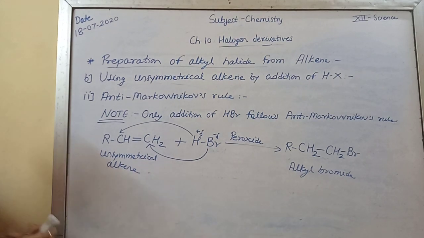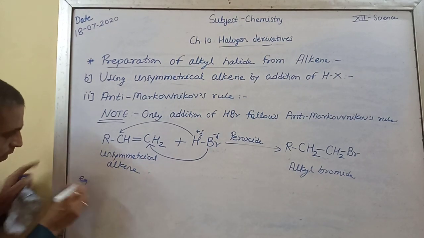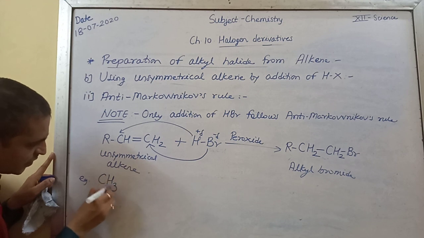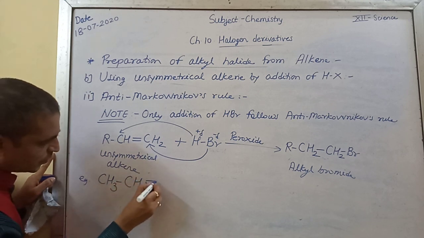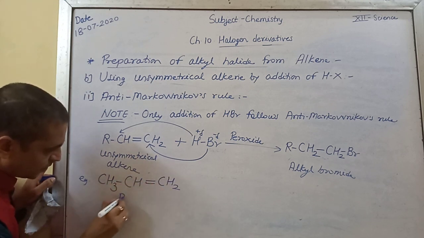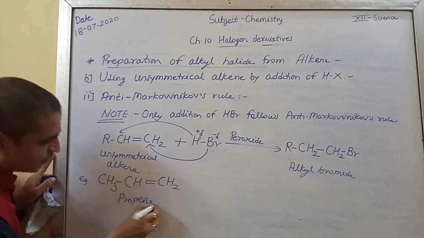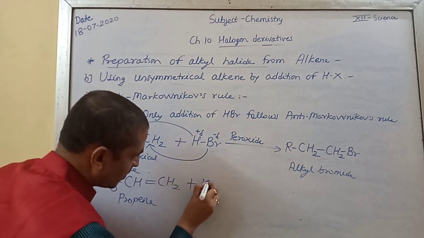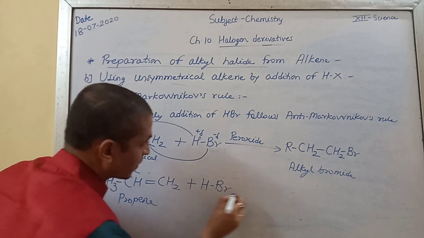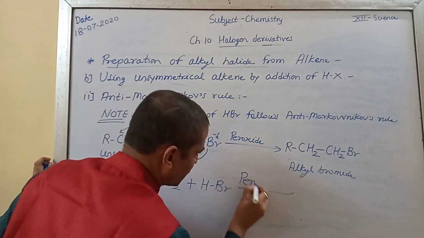Remember this. See the example. Again take propene CH3CH double bond CH2 plus HBr, in presence of peroxide.